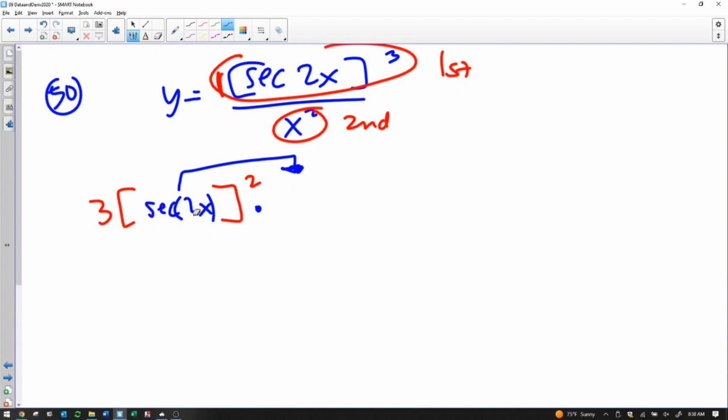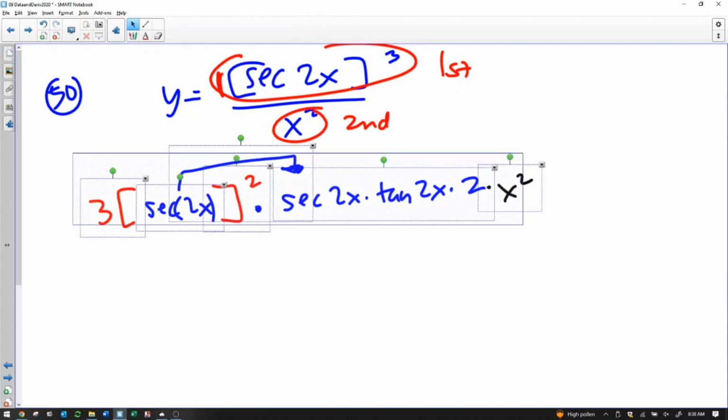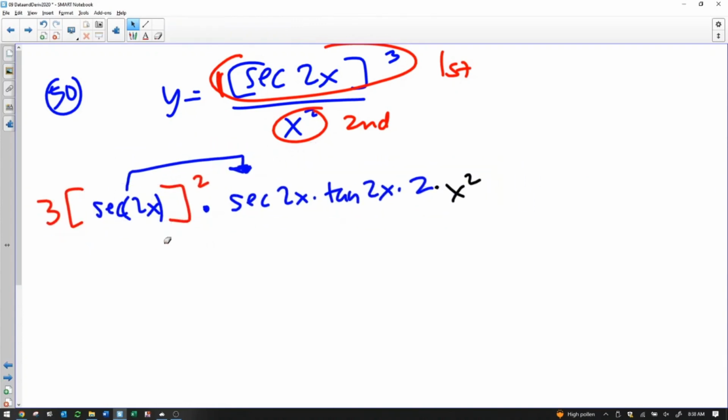The derivative of secant u, do you remember, is secant u times tangent u times what? Du dx, so times the derivative of u. So the derivative of first times the second, okay, so multiply by x squared, minus the derivative of the second times the first, so the first is just copying this thing right here.